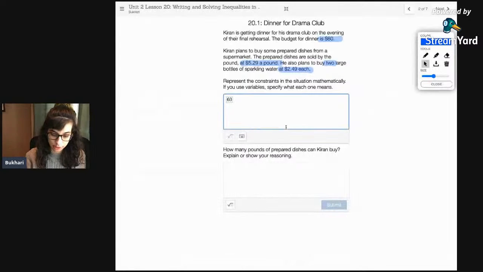So it has to be less than or equal to. And the question is, what is it less than or equal to? And so his budget comprises of his prepared dishes, which are $5.29 per pound. In this scenario, you remember, ask yourself what is missing. I don't know how many pounds he needs for this dinner party. So that's going to be my variable P.